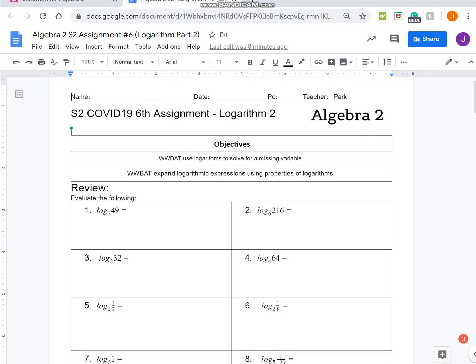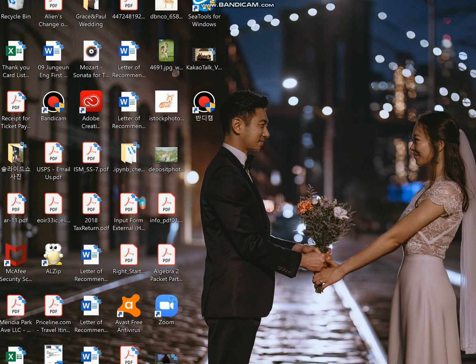When you look at this first question, review, you can see that log base 7 of 49 is equal to, and you need to fill that part. So here's what you need to do.